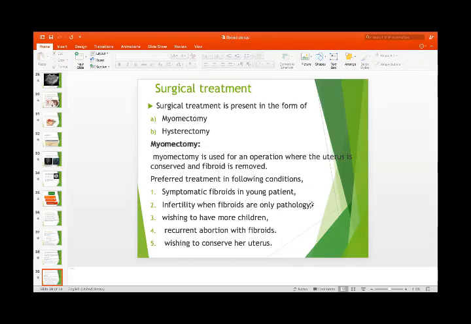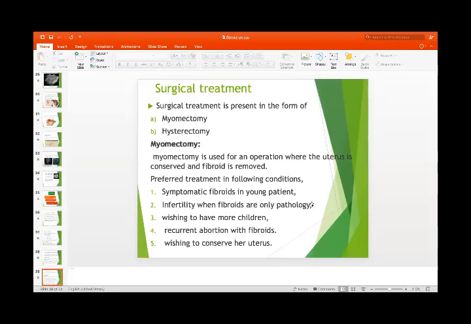If the patient is symptomatic, she is young, she is infertile, and fibroid is the only pathology contributing towards her infertility, or she is wishing to have more children, or she has a history of recurrent miscarriages and a fibroid uterus, then we will do myomectomy. Or the patient has fibroid but she wants to conserve her uterus.